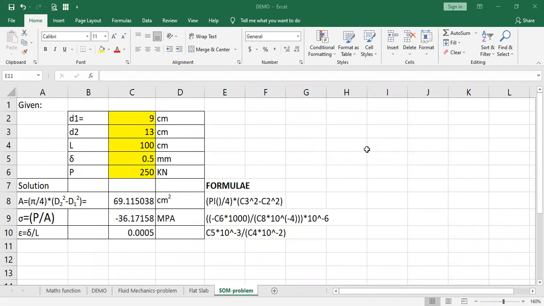Yesterday we went through the Excel sheet, but some part could have been covered today. That's the reason I started again with the Excel sheet. There are certain problems which you can do in Excel sheet, so we will see today. There are different problems related to civil engineering.